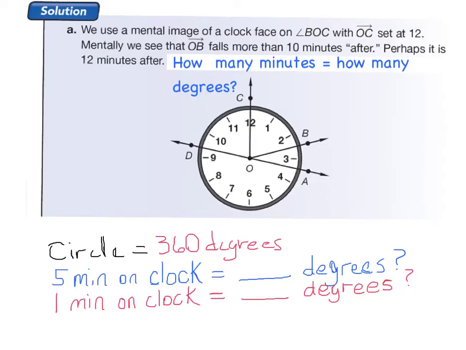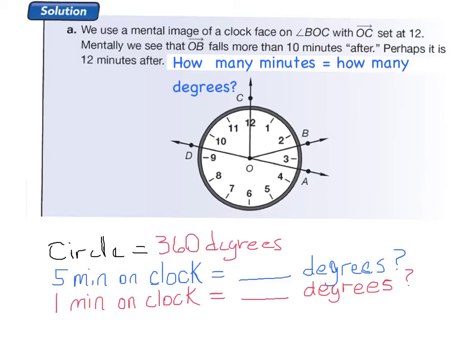One of the best things we can use to measure angles is a clock. Now, if you think about a clock face, a clock has 60 minutes, and a circle has 360 degrees. So, if we take 360 and divide it by 60, we would find that each 5 minutes is worth how many degrees?